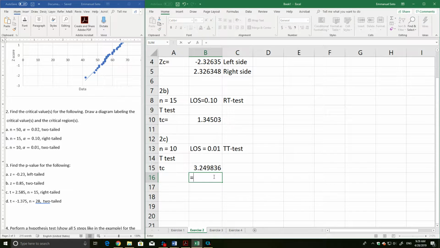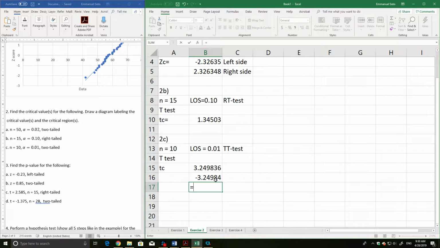Now, if you were to use the t inverse function without the 2t, it should still work. You just have to keep in mind that if we were to do t.inverse, you would have to do alpha divided by 2 for two tails, and then 10 minus 1, and then you'll get the negative version.